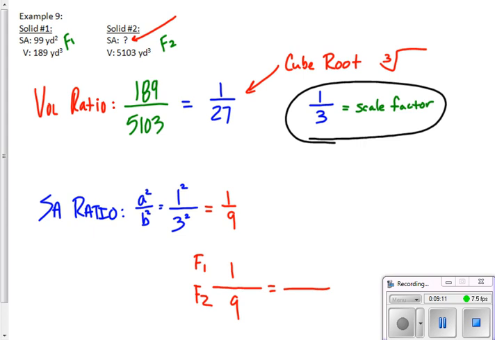Figure 1, surface area is known, that is 99. Figure 2 is what is unknown, that is x. Cross multiply and divide, and you would find out that the surface area of figure 2 is going to be 891 yards squared. This will conclude lesson 71.